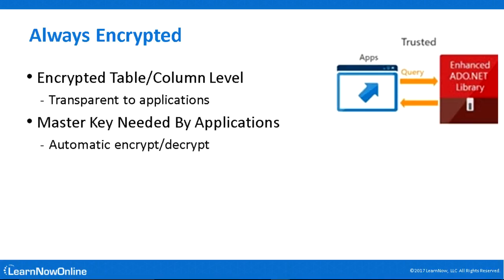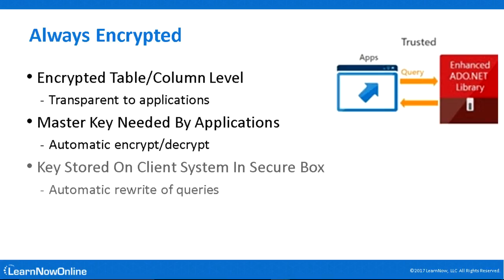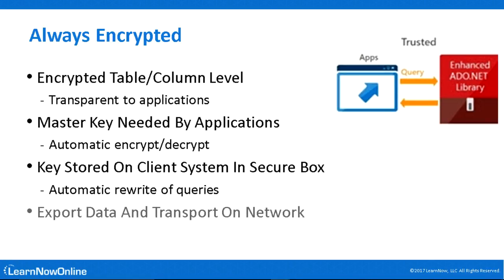This means you have to have a key in the application to decrypt the data. There is a master key as well as a column key, and you'll see this in a demonstration. The key is stored in a Windows container installed on the client machine and/or server. There is system management, but no user or client interaction.